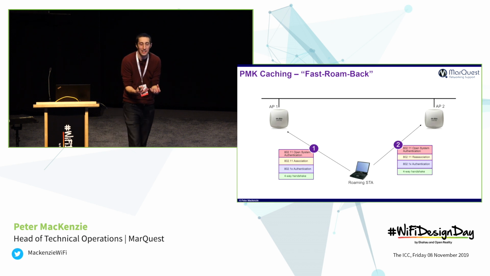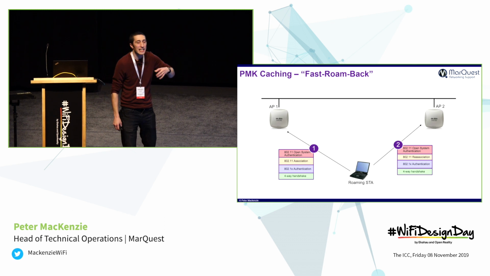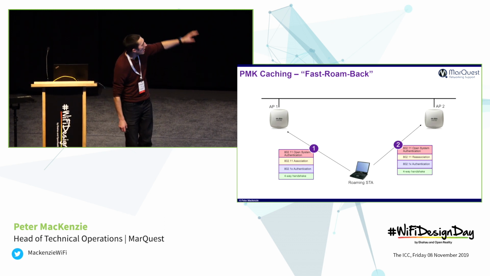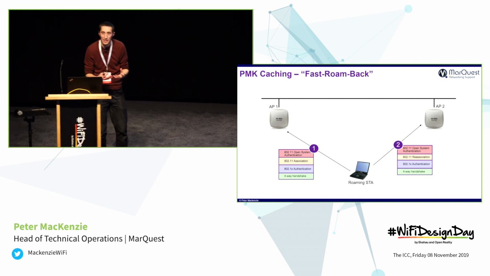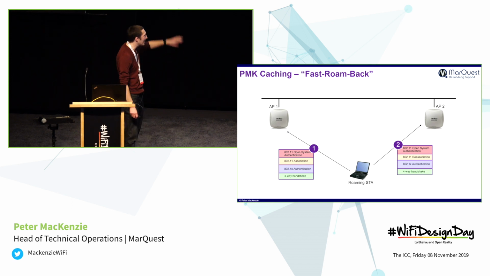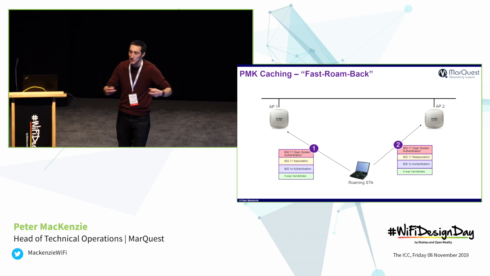It's the key that says you have authenticated to the network. So we cache that key. We say for AP1, I am going to cache the pairwise master key, the result of that 802.1x authentication. And the AP also caches it as well. So now the client and the AP both have a cached pairwise master key.